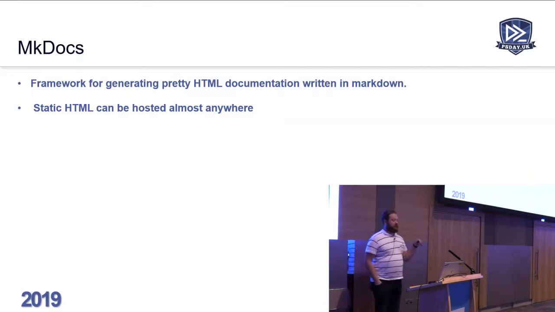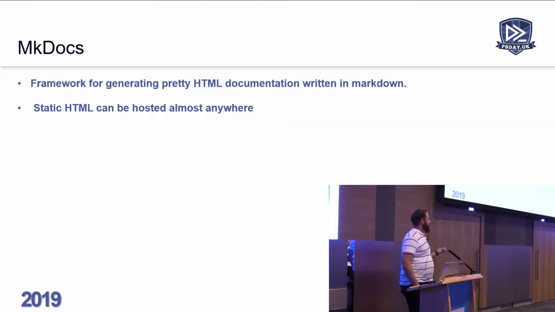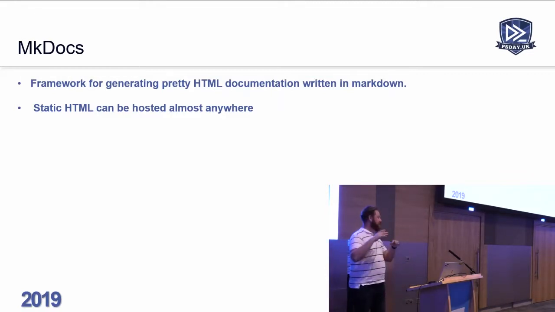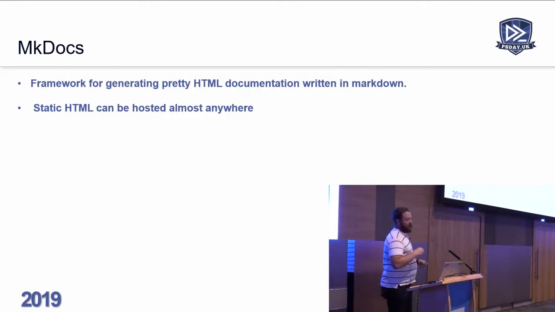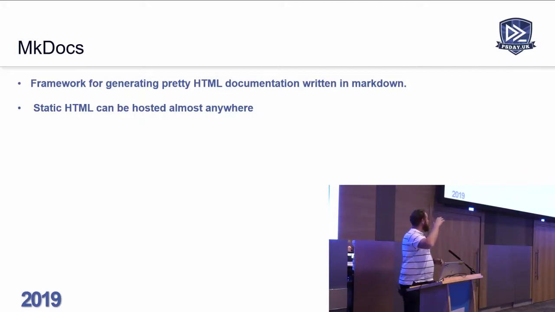So it's a static HTML generator that will take your documentation files. If they are put in a specific structure, it will generate beautiful, nice HTML pages based on those. And it's static HTML pages, so you can host them more or less anywhere.